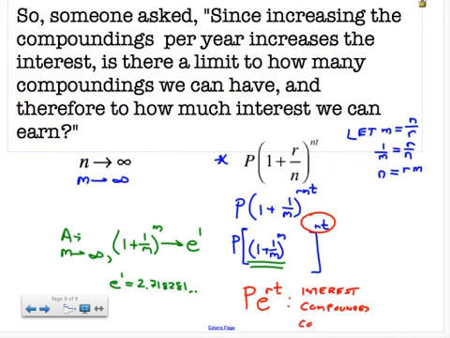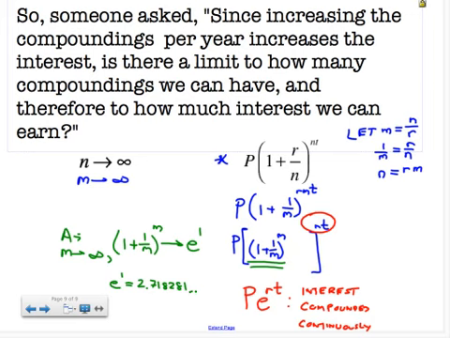It's kind of a theoretical concept because you can't obviously compound things every instant physically, but mathematically we can do it with this formula. And if you look hard enough, you might find a bank or two that actually will do this for you. And this will be the most money you can possibly get from a bank at the same interest rate. So this will give you the most money per year because your money is being compounded every instant, theoretically. So we'll see the number E pop up more and more as the year goes on.